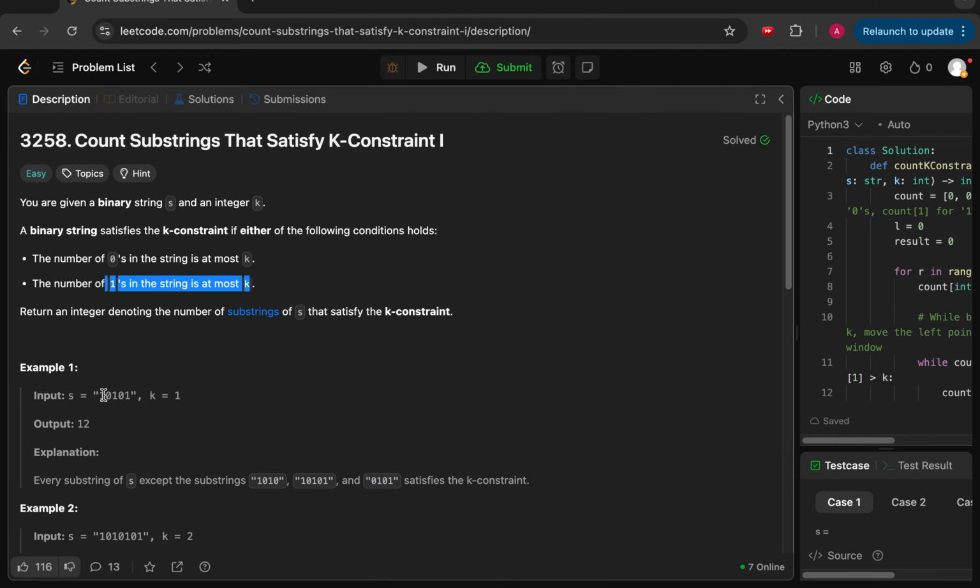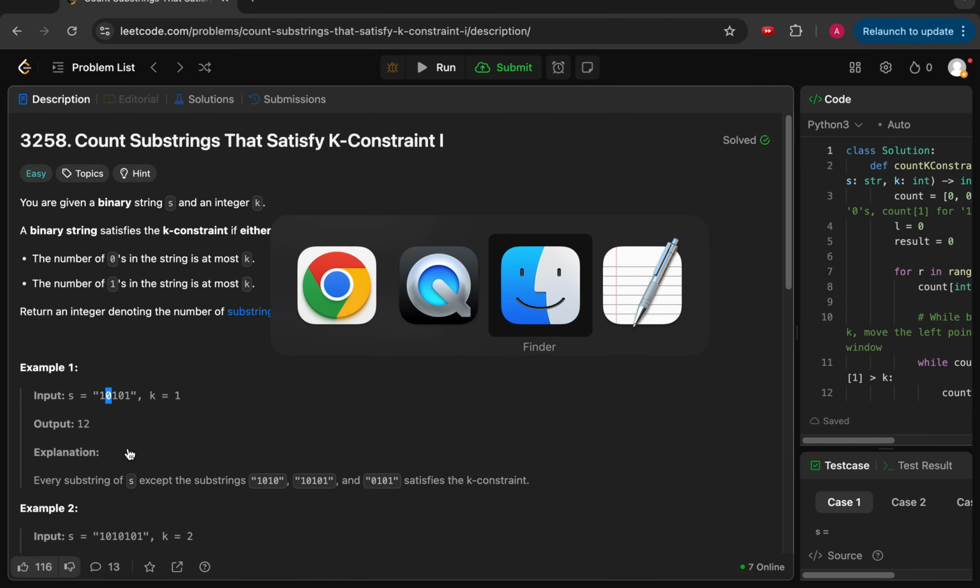So if you take a substring, which is a very good example, 101, it satisfies the condition because even though the number of ones is more than k, since it is 2 in this case, the number of zeros satisfies the condition of being at most k, and k is only 1. 101 has only one 0, so it satisfies that condition. So given these constraints, you need to calculate the total number of substrings.